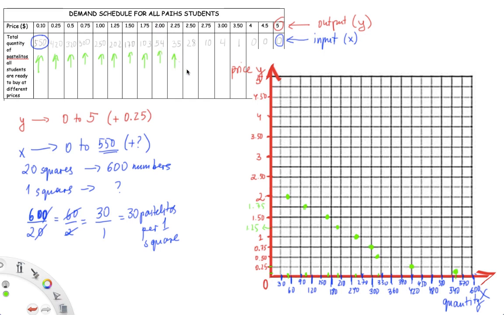So if I produce 35 pastelitos, which is around here, the price will be $2.25. And if I produce 28 pastelitos, which is somewhere here, the price will be $2.50. And finally, if I produce only 10 pastelitos, which is around here, the price will be $2.75.